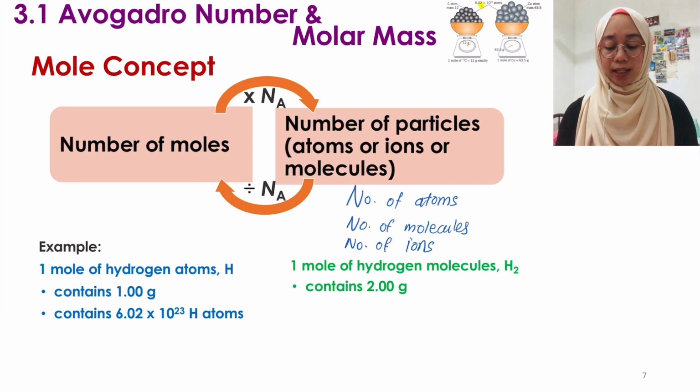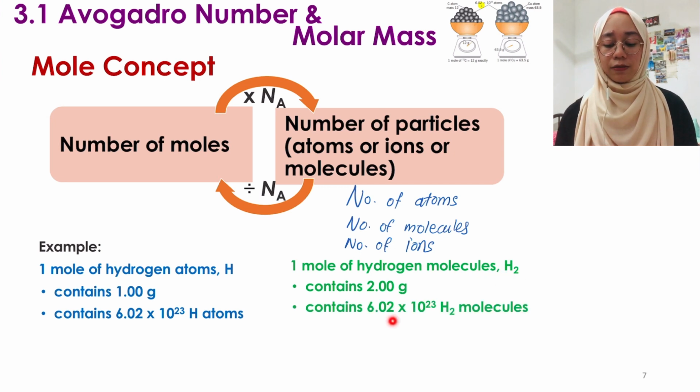Okay. So in this case kelas tadi, kita pergi balik kepada 1 mole of hydrogen molecules. So kalau kita nak cakap pasal number of molecule, okay, so it contains of 6.02 exponent 23 hydrogen molecules lah, because kita ada 1 mole. Okay, so 1 mole darab dengan Avogadro number ni, maksud it contains of 6.02 exponent 23 hydrogen molecules.